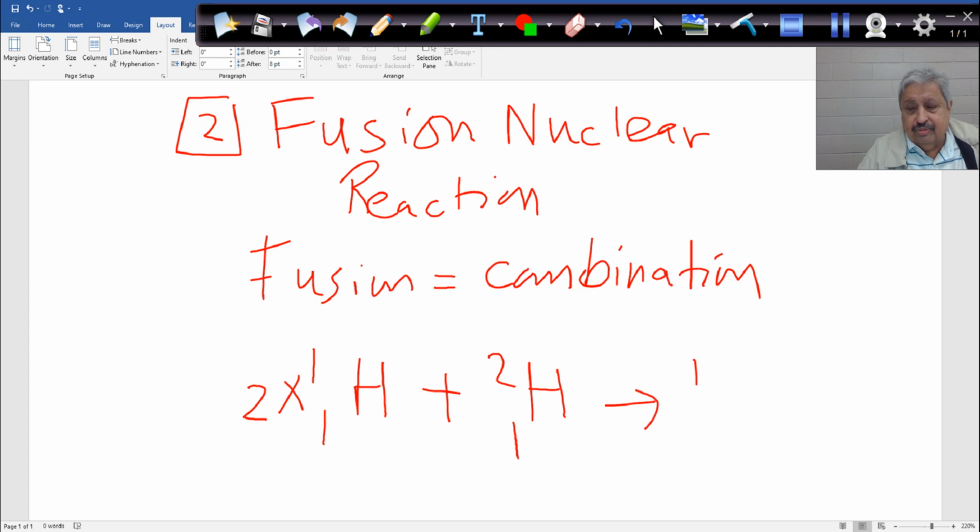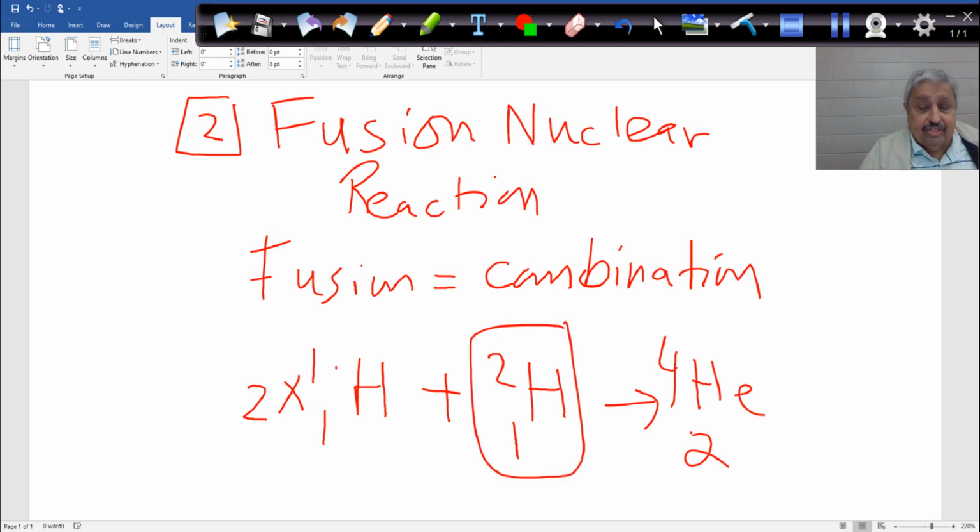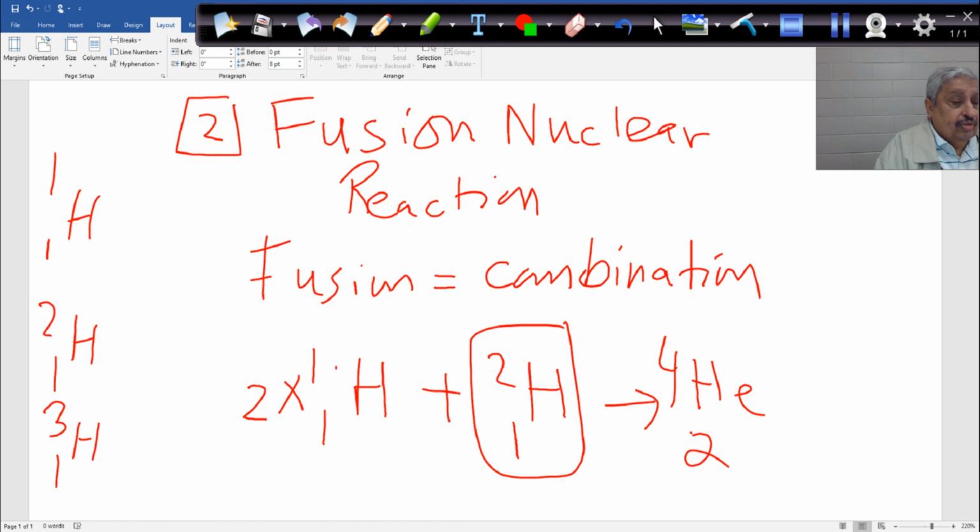So you produce helium, correct? 2 and 1, 2 and 4. You produce helium. You are combining. This is another isotope of hydrogen, correct? We have 3 isotopes of hydrogen. This one, and this one. Those are 3 isotopes.